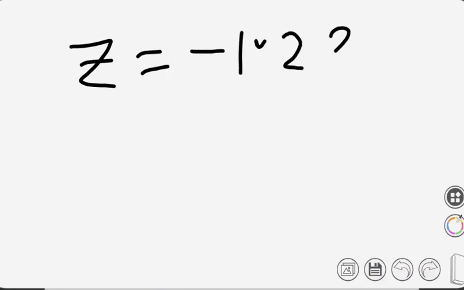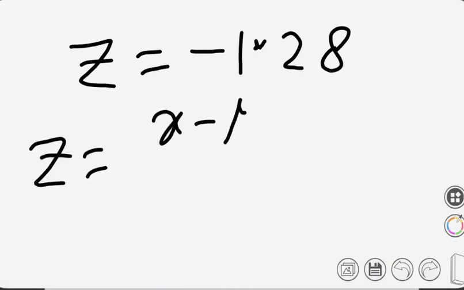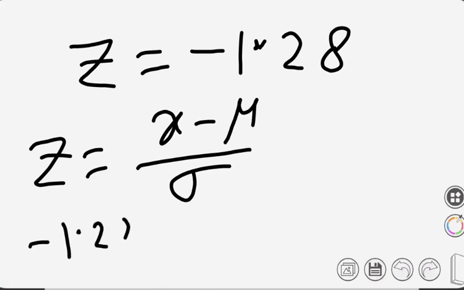So if the value of z is minus 1.28, then what is the value of x? z is x minus mu by sigma. So minus 1.28 equals x minus mu by sigma.